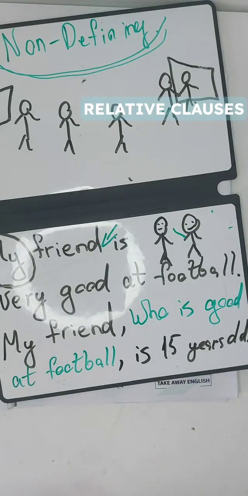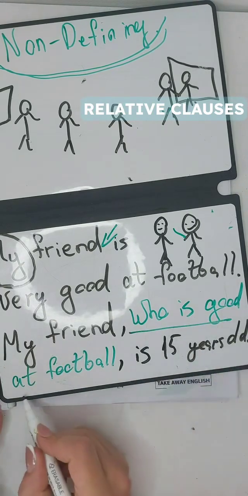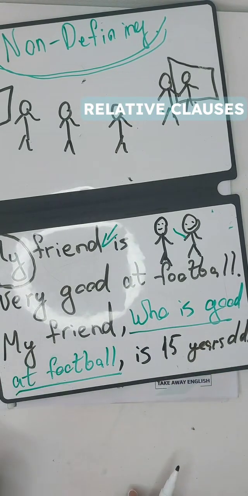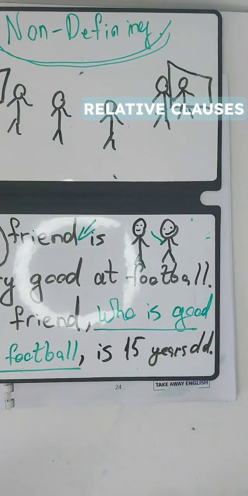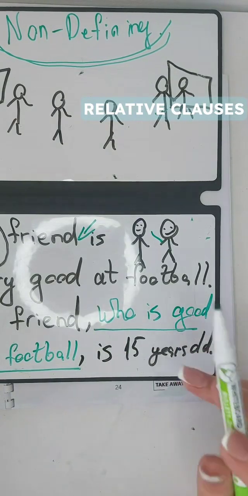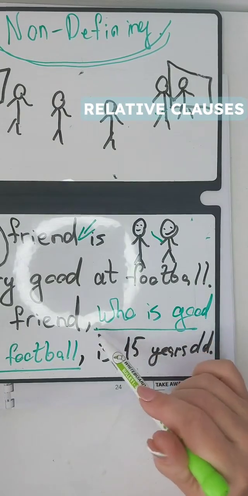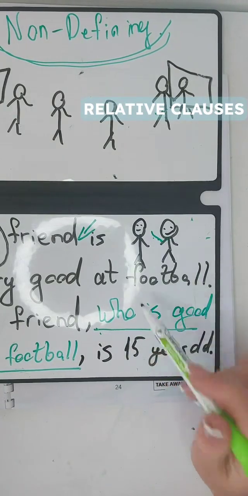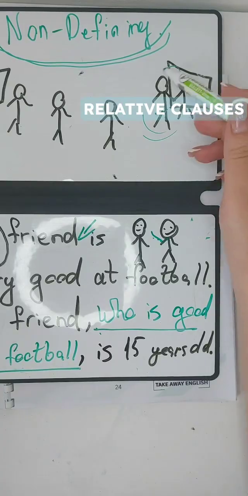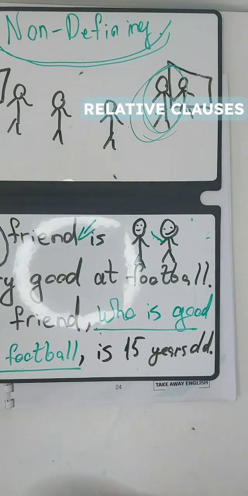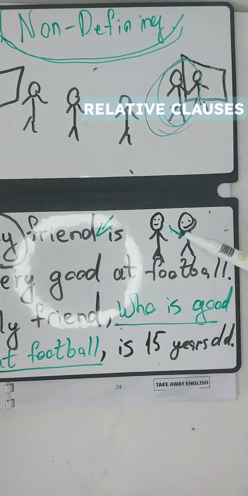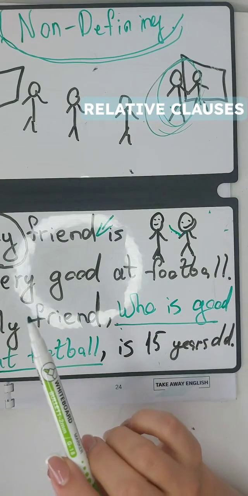Okay? This is a non-defining relative clause. I provided extra information. It's not essential information. Even without this information, this person already knows who I am talking about. Okay? This is extra information.